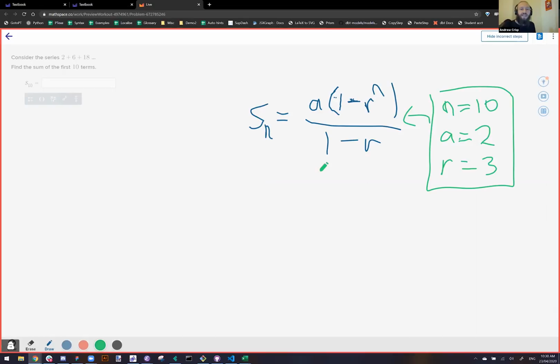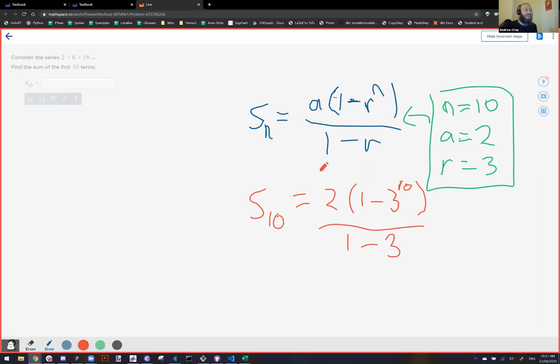So S10, again, new color, I like using colors. S10 equals 2 times 1 minus 3 to the power 10, over 1 minus 3. So now that we're in an example, you can see why we might want to write it the other way around, because I know that this value, 1 minus 3 to the power 10, is going to be negative.